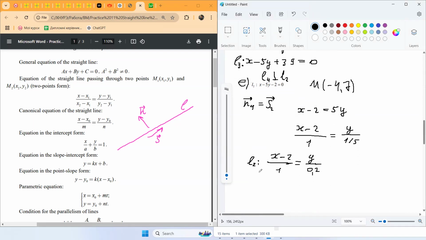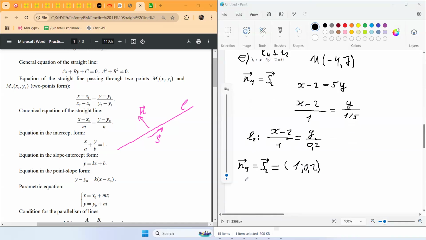So this is the normal vector of line L4. It will equal (1, 0.2). And now we have all the information to build the equation.